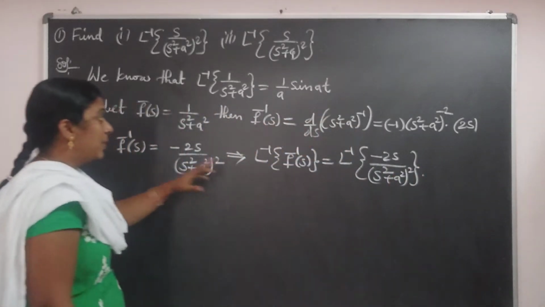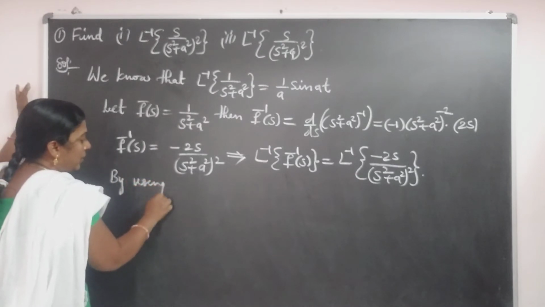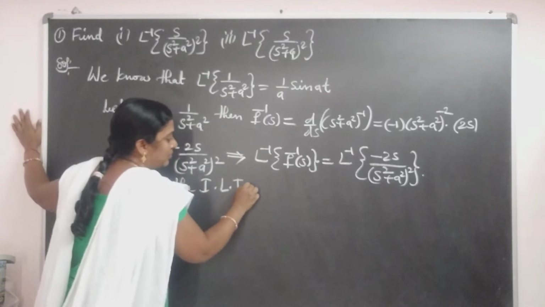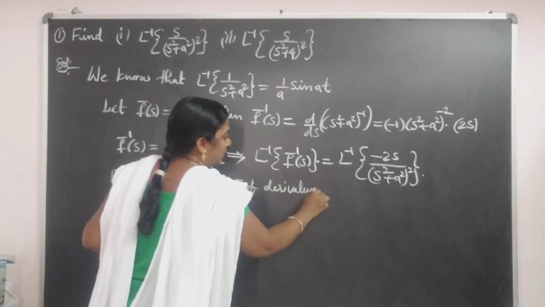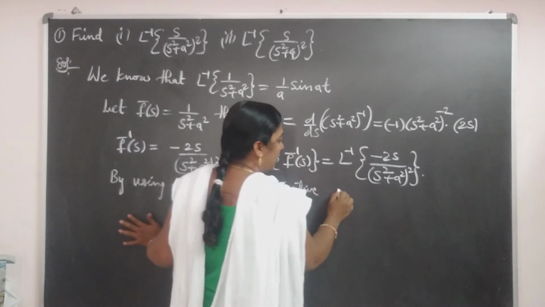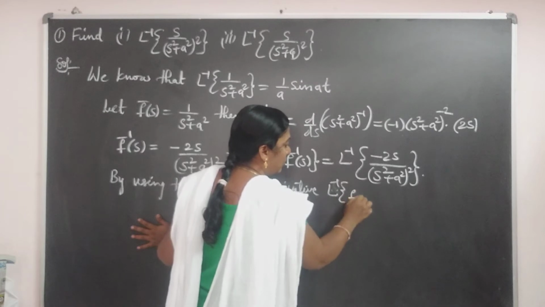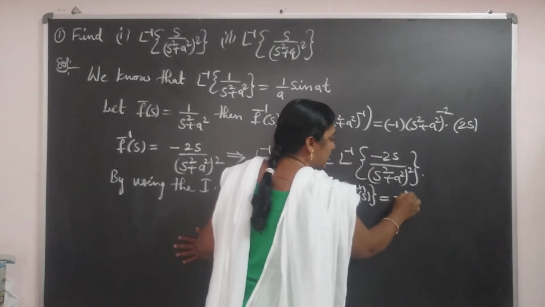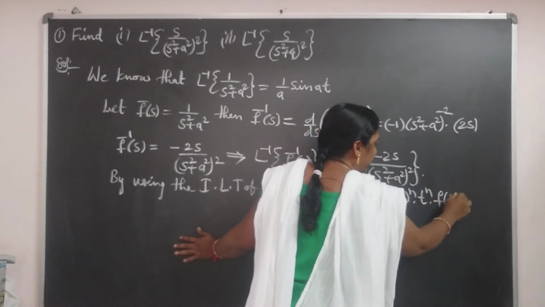By using the inverse Laplace transform of a derivative, the inverse Laplace transform of f bar n of S is equal to minus 1 whole power n, t power n, f of t.